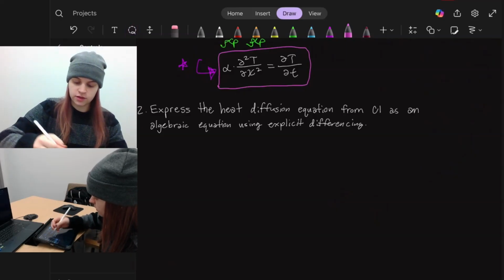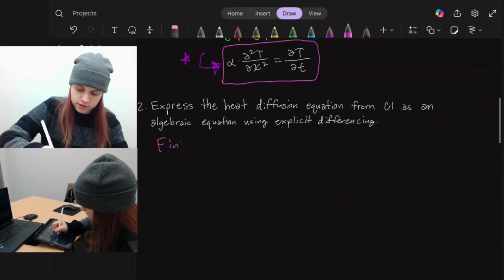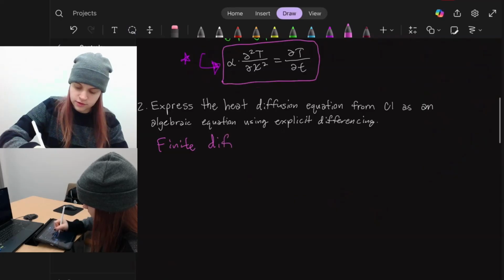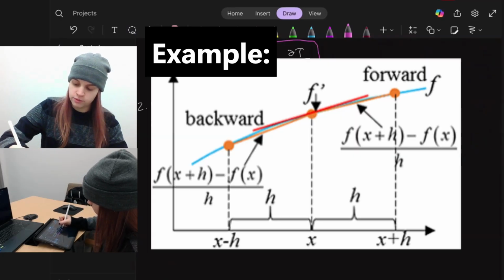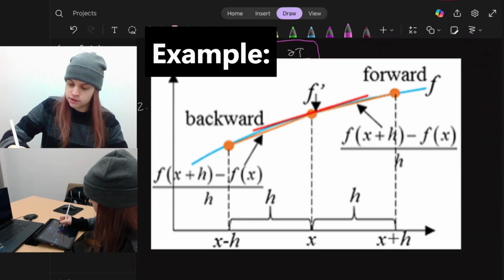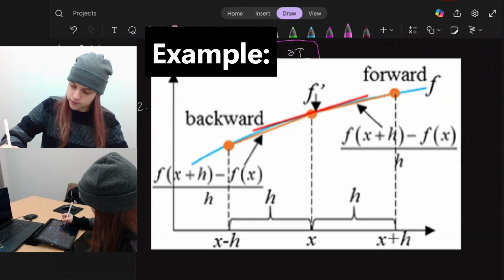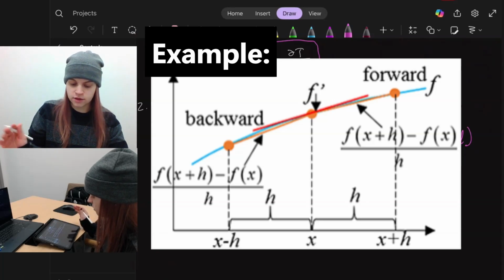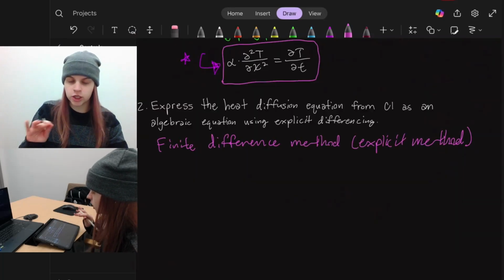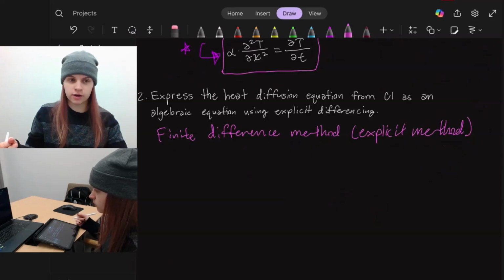We'll be using the finite difference method, which is an explicit method. And I'll get into why this is important to mention in the next part of this homework, part D, but we'll stick with this for now.